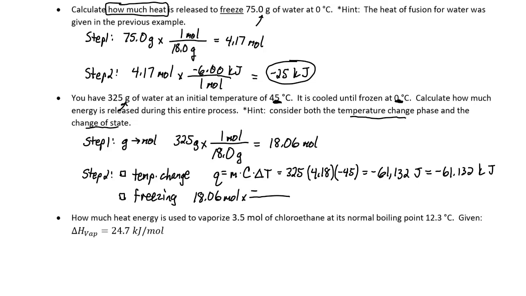It was negative 6.00 kilojoules for every 1 mole of water that we're going to freeze. It's a negative number because to freeze water, the water has to release heat energy. Releasing energy has a negative number for its delta H value. When you multiply these together, it's negative 108.4 kilojoules.